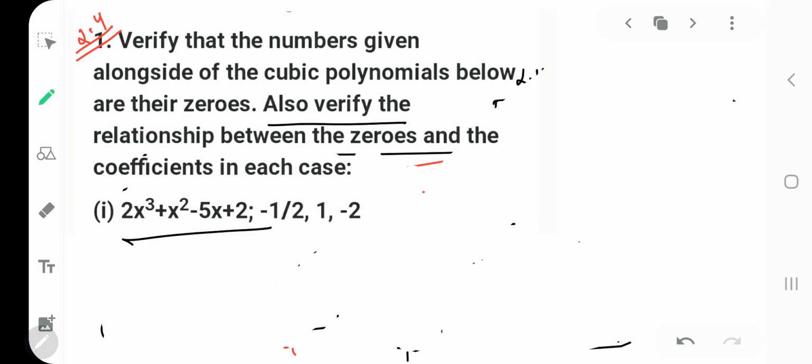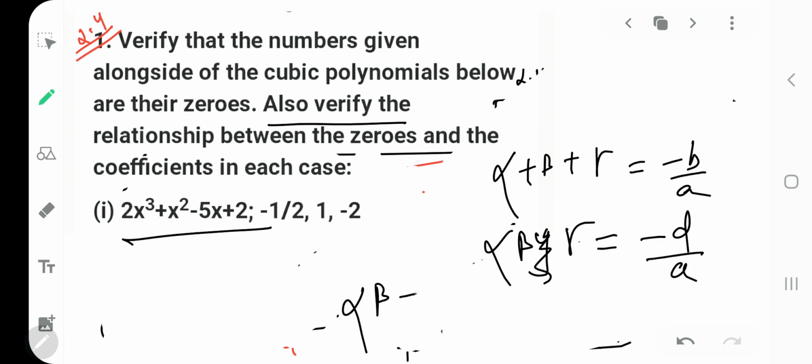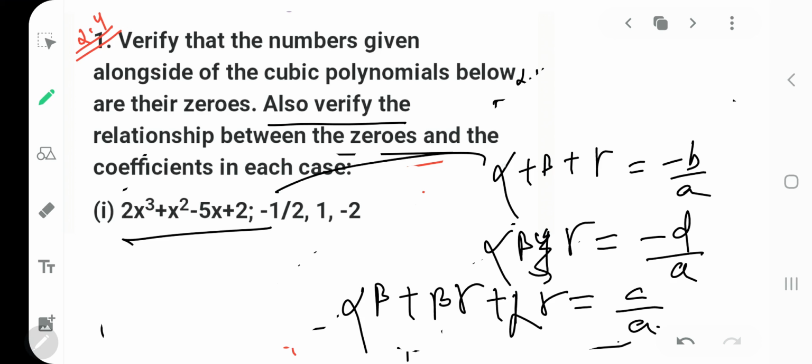And how you will verify? I gave you 3 formulas. That is alpha plus beta plus gamma, the sum, will be equal to minus b upon a. Product alpha beta gamma will be equal to minus d upon a. And alpha beta plus beta gamma plus alpha gamma is equal to c upon a, where alpha, beta, gamma are your given 3 zeros, जो आपने प्रूव किए हैं कि zeros हैं.